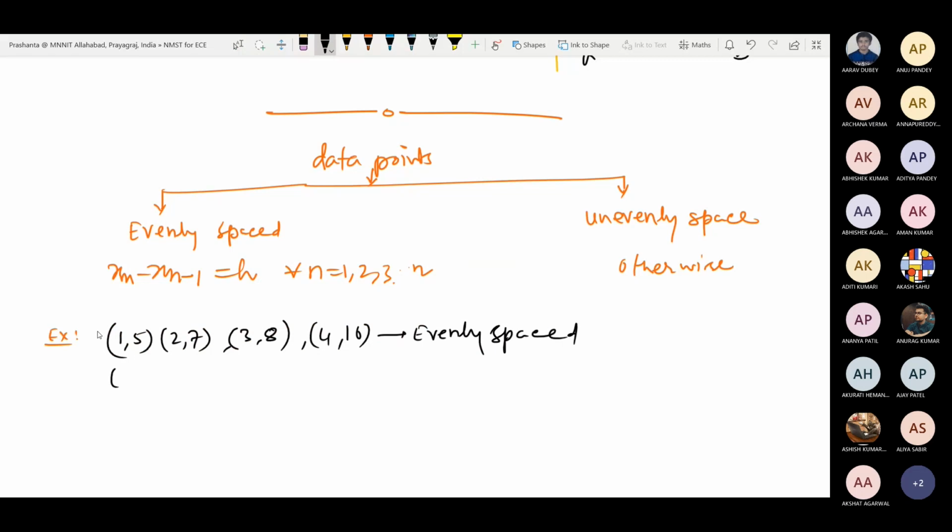What about this one? (1, 5), (2, 7), (3, 8), (5, 10). Unevenly spaced. So 1, 2, 3 were at a regular interval, but next is 5. So now it makes the data set unevenly spaced.